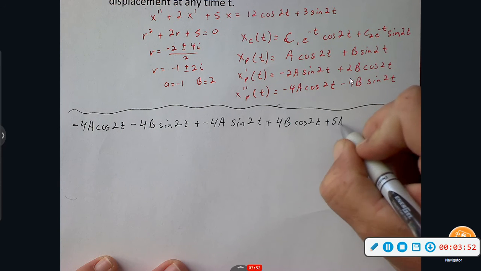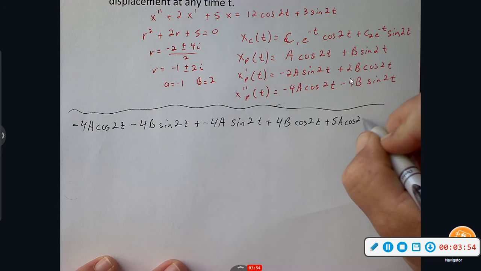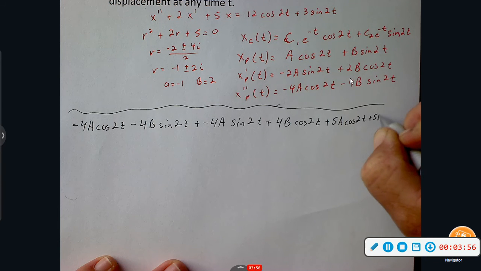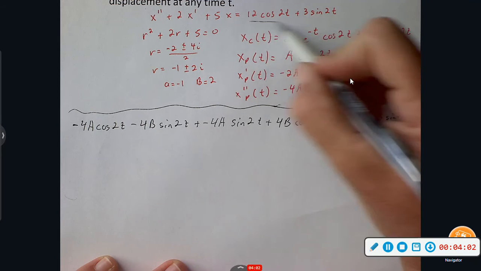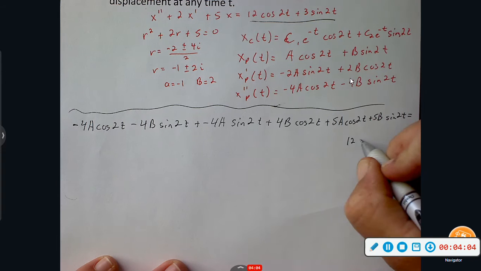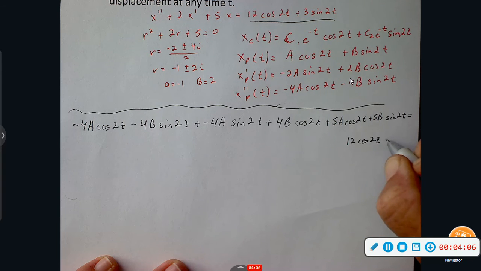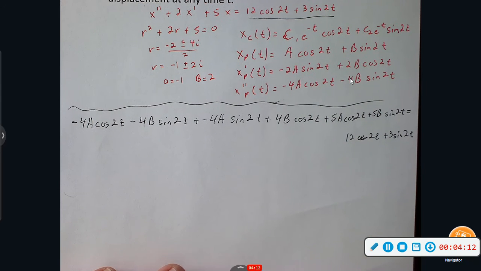Kind of moving through this since we've seen enough of these examples now. That's going to be equal to 12 cosine 2t plus 3 sine 2t. I'll clean it up here in the next step.